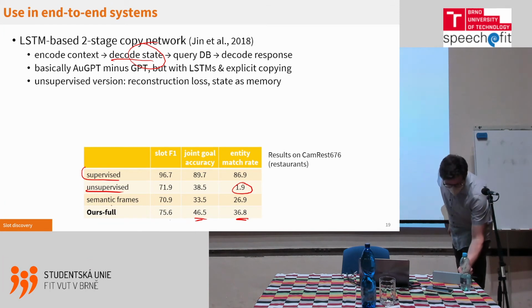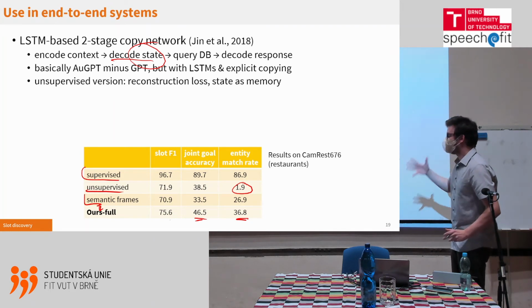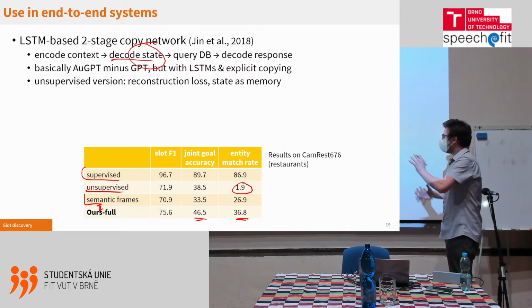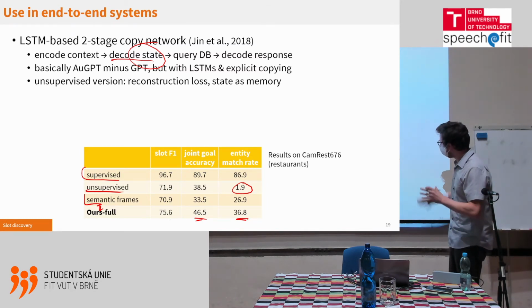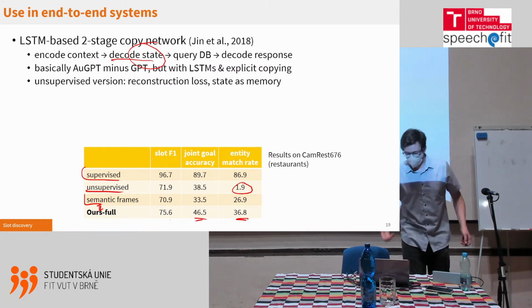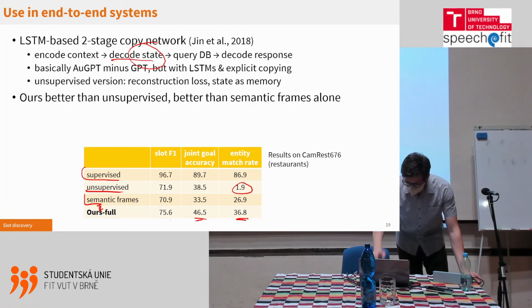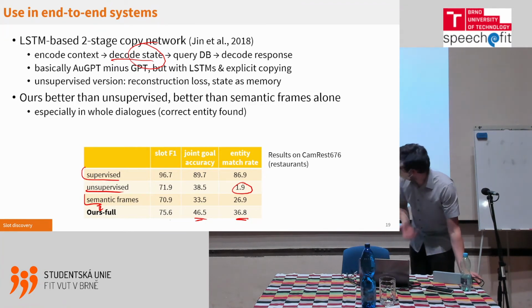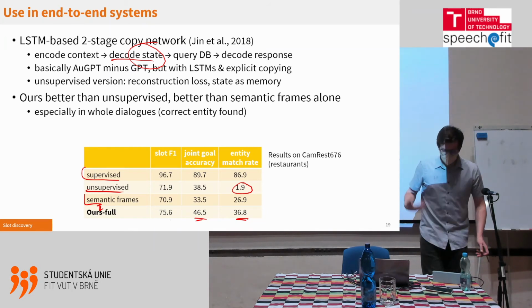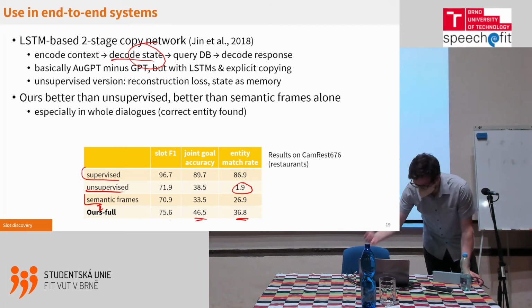And we can also see that we are doing better than just using the output of the semantic frame parser in the first place. If you, instead of this complicated process with the merging and selection, just put in the labels from the frame semantic parsing, you can do better than unsupervised, but it's still not as good as what we are able to do. This is especially true if you look at the actual success rate over the whole dialog, where we found the correct entity.